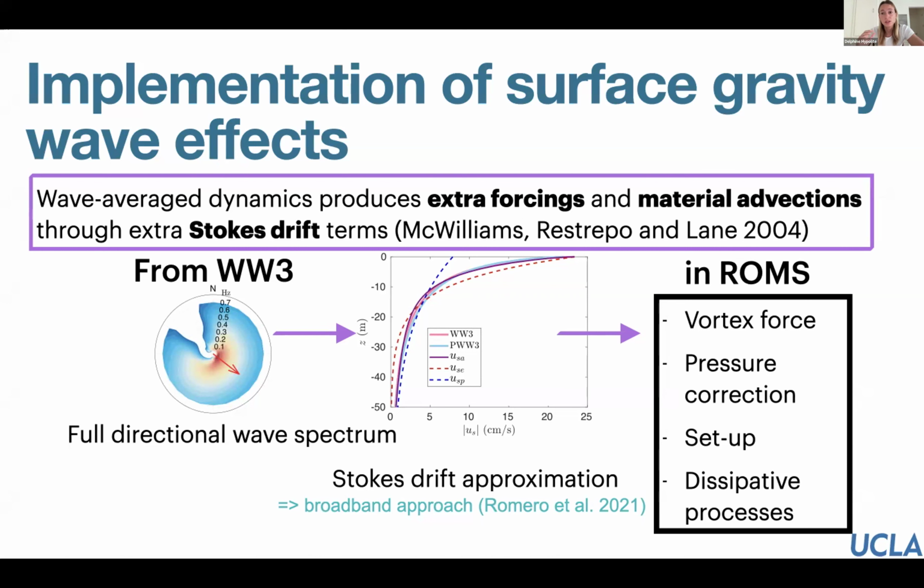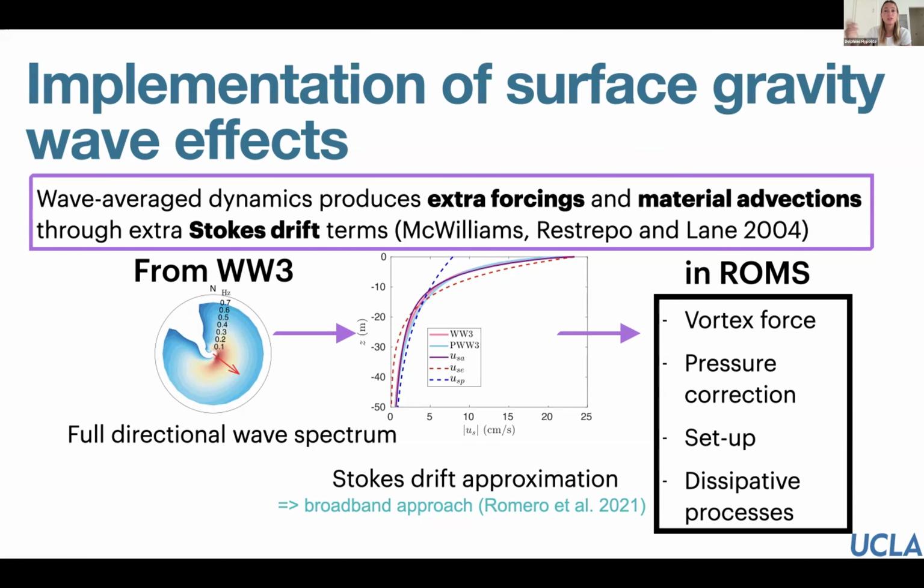And basically you retain only the leading order modification on the currents that appears as extra forcing terms in the Navier-Stokes equations and material advections, and it allows you to just solve for the currents without solving the phase of the wave. So it's something to think about, because basically it means that in most cases, I don't have per se a surf zone and everything is parameterized, but it allows me to run at pretty high resolution with atmospheric forcings and realistic wave forcing, the currents that are just responding to that.